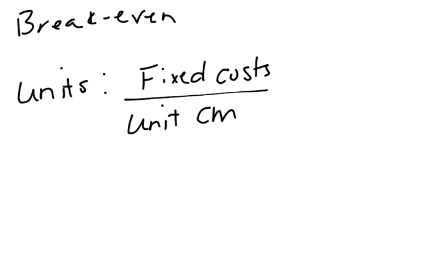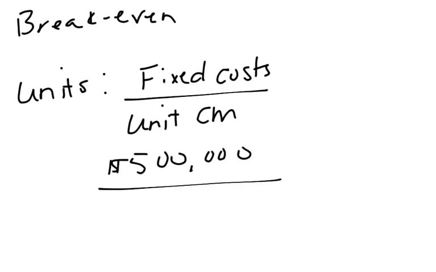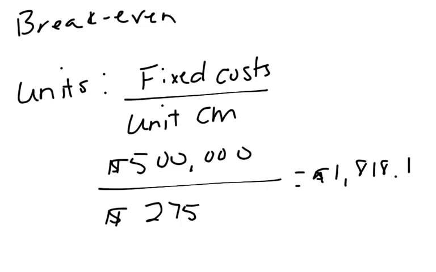For our example, we had $500,000 in fixed costs, and our unit contribution margin was $275. So when we do the math on this, we get 1,818.18, just rounding it off.